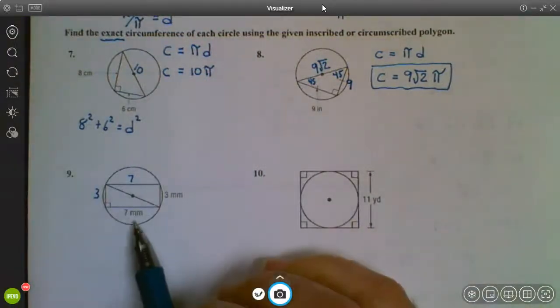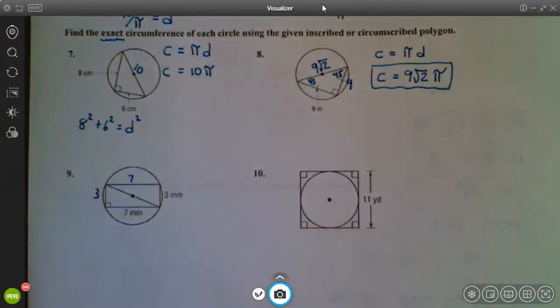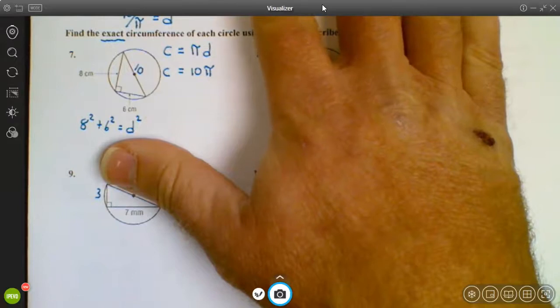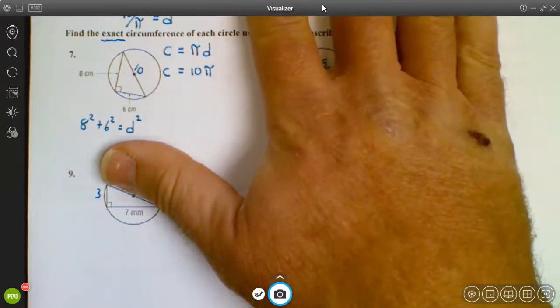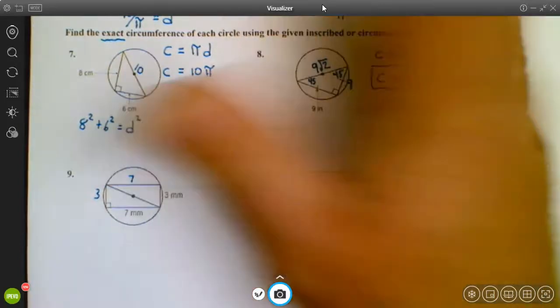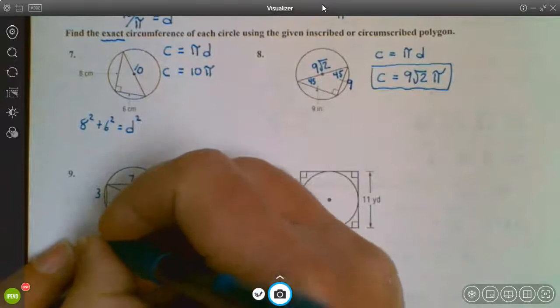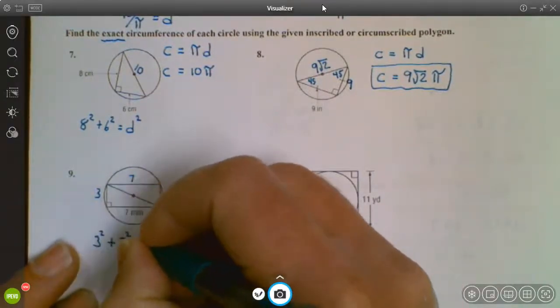Well, guys, within this, again, I'm seeing this right triangle. If you sort of ignore half of that rectangle, notice we're looking at a right triangle where the hypotenuse is the diameter. So again, let's go back to doing what we did right here. We're going to say that a squared plus b squared equals c squared.